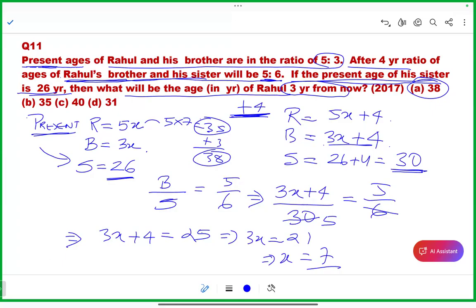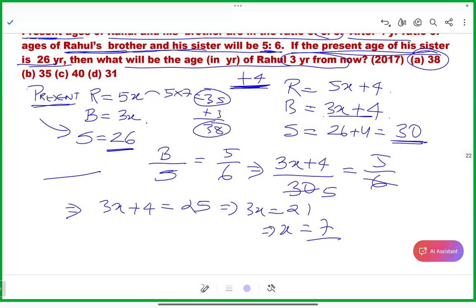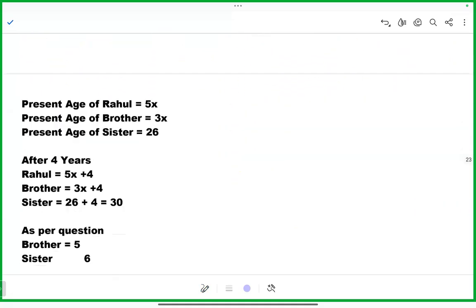After that, whether it's past or future, it will be given in the question. After that, you solve the second part. Does anyone want me to explain any part? Please don't be hesitant.